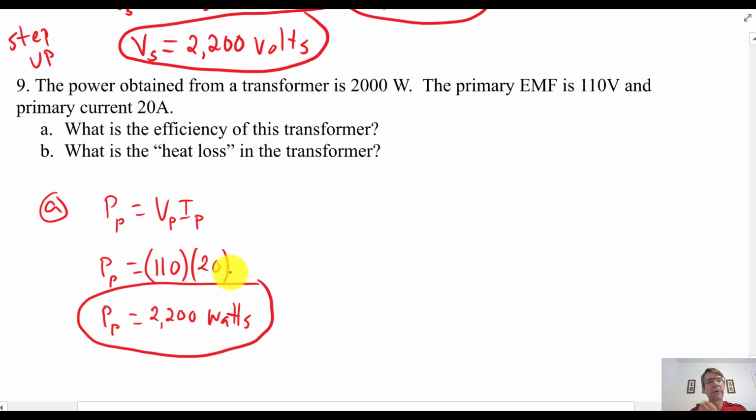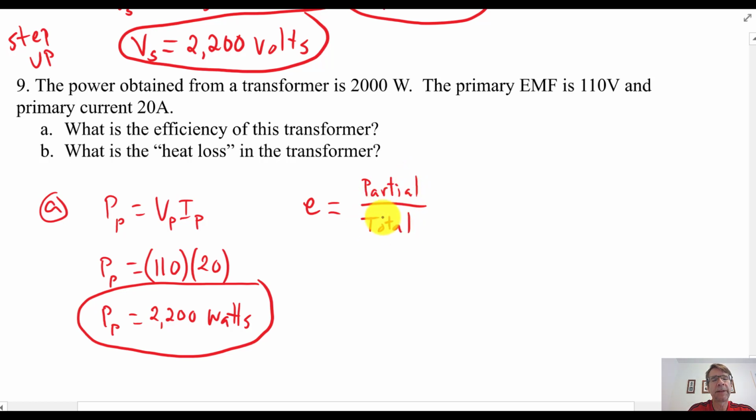Whoops, that's not my answer. I want the efficiency of this transformer. What does that mean? Well, loosely speaking, E, which is the efficiency, and this is a loose definition, I'll give you a general definition, is the partial over the total.